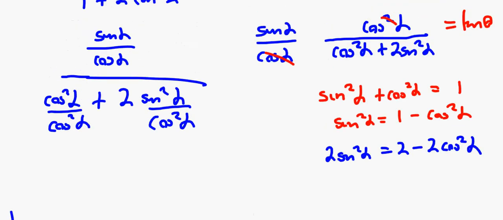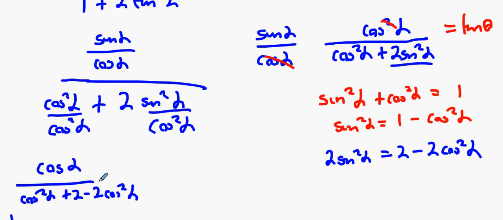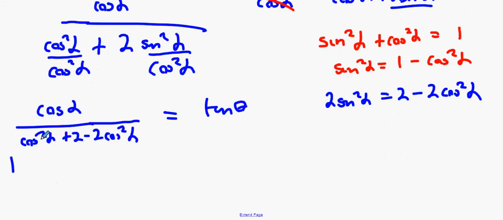And pretty much practically out of nowhere, here's what's going to happen to the bottom there. We have cos alpha over cos squared alpha plus 2 minus 2 cos squared alpha equals tan theta. Does it basically turn into what we want? Yeah, it does.